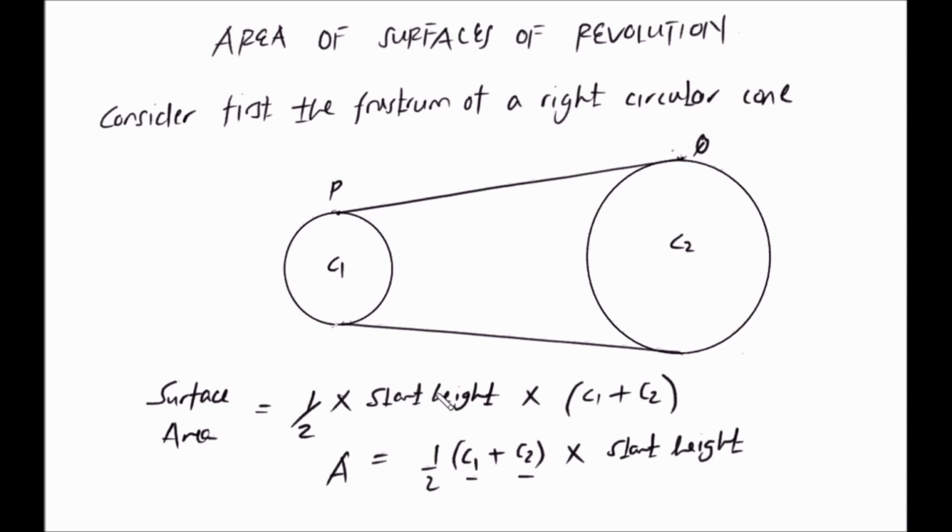Kwa hiyo kumbe sasa ile formula yetu, surface area ni 1/2 times C1 plus C2, hii tunaita mean circumference of the frustrum times the slant height. Kwa hiyo mean sasa na average.